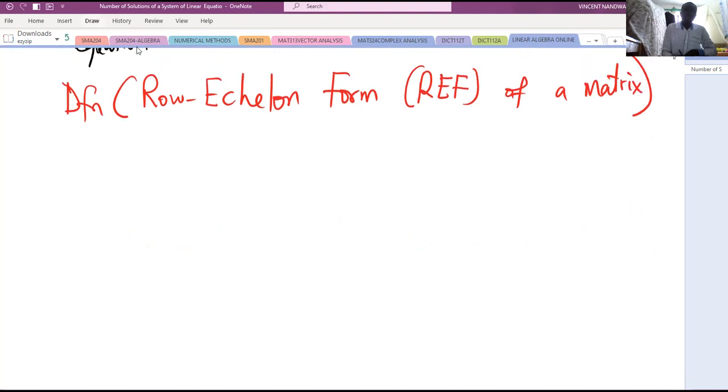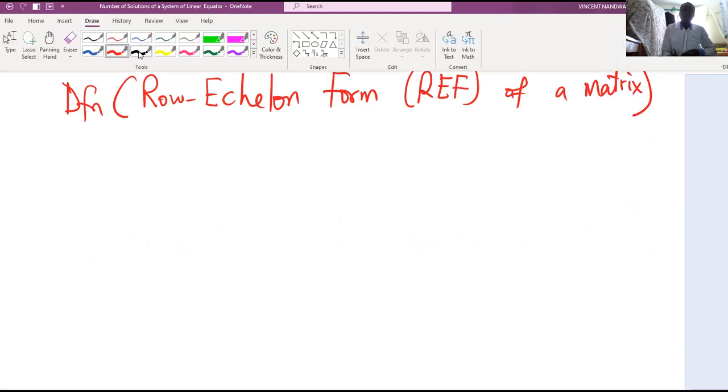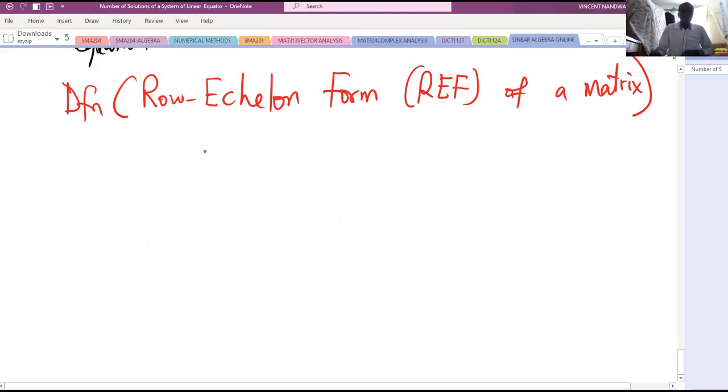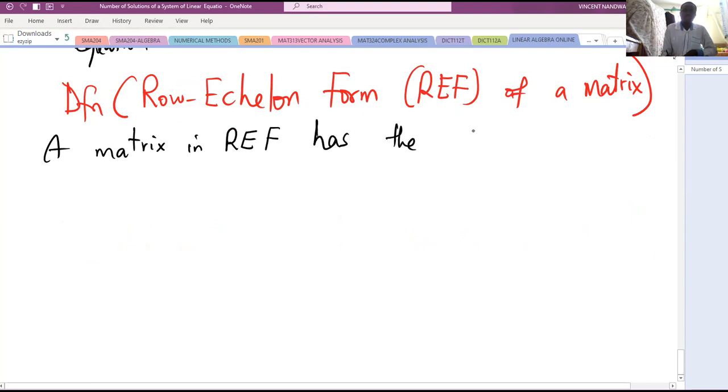This is how we obtain a row echelon form matrix. A matrix in row echelon form has the following properties or characteristics.